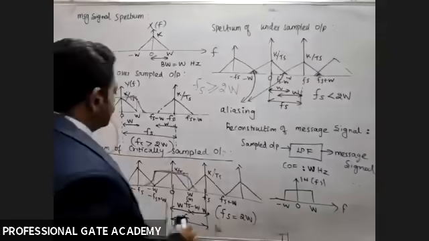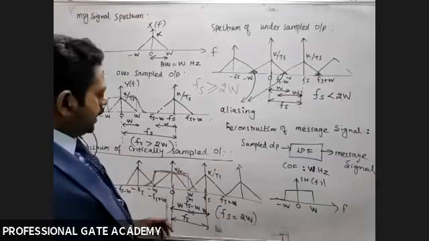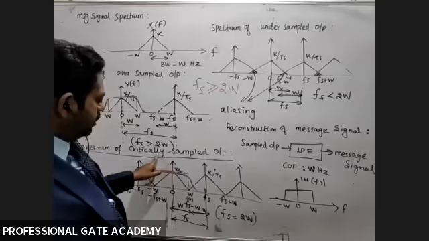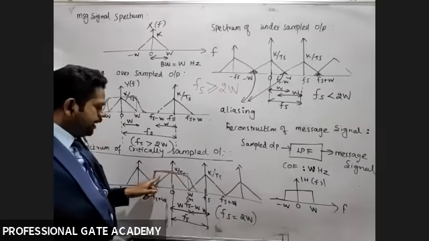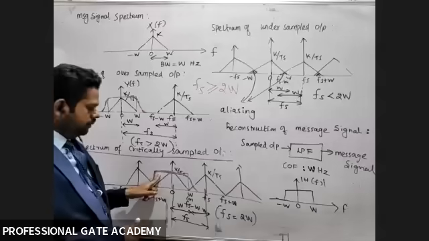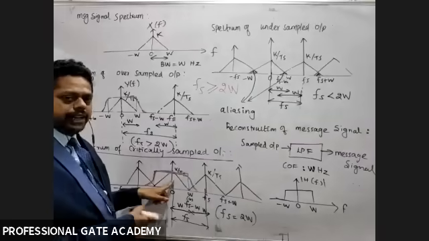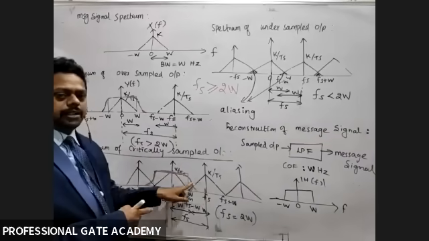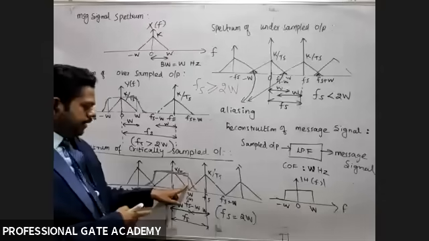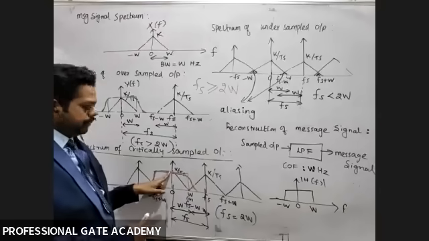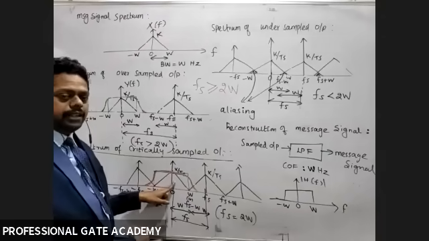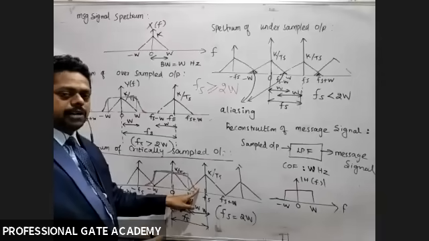Sir, please say the second point once again. Second point means for critical sampling. Yes, for critical sampling, the output of the practical low pass filter has the message signal component and some adjacent spectral component. I repeat, for critical sampling, the output of the practical low pass filter has the message signal component and some adjacent spectral component.